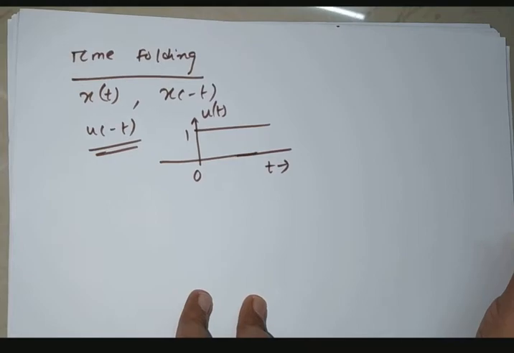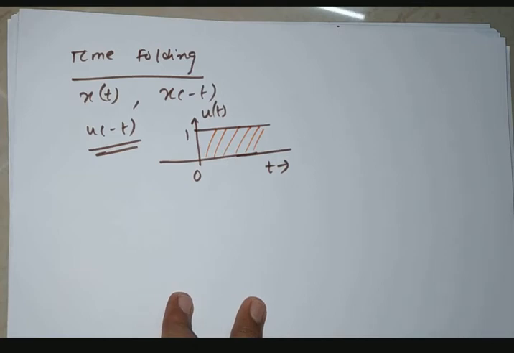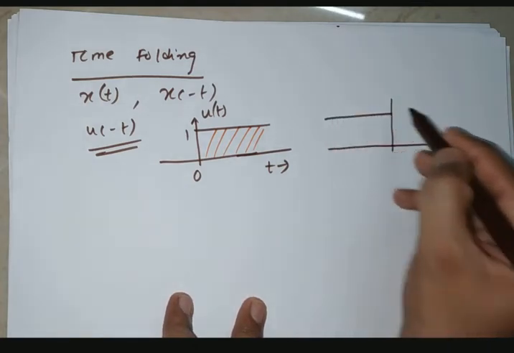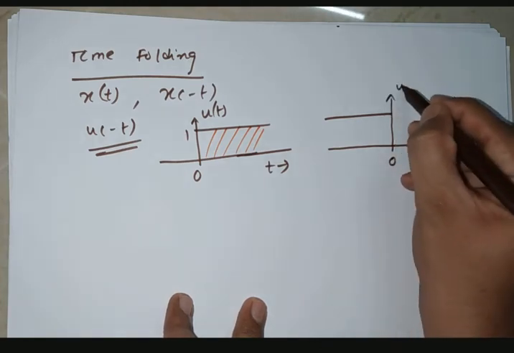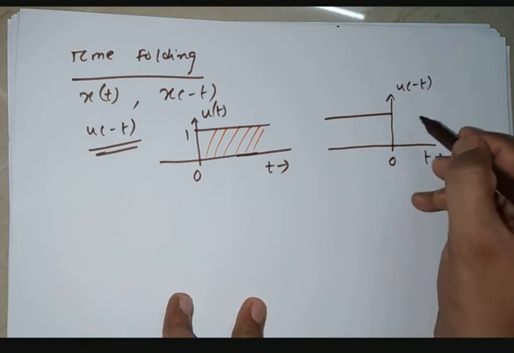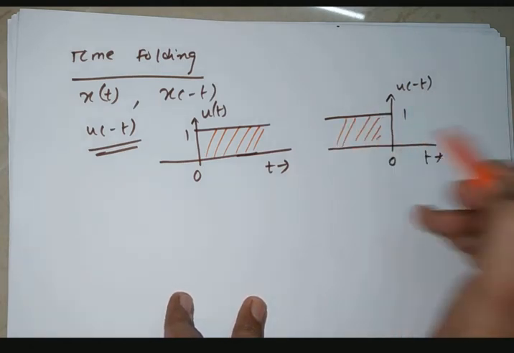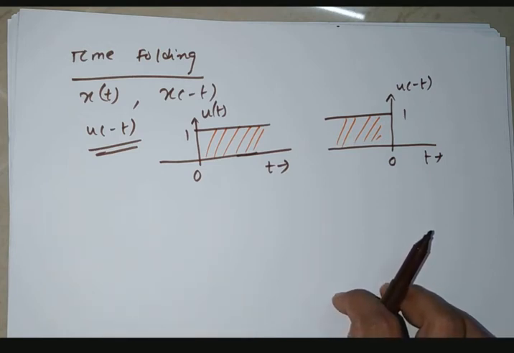Now here this whole right hand side part will go to left hand side. Means like this. This is your u of minus t. Okay, see, the whole right hand side part now become left hand side. Okay, clear?